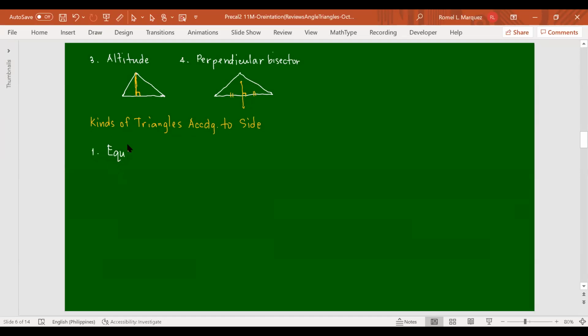What is an equilateral? A triangle po whose sides are all of equal length. Equilateral triangle is a triangle with all sides po of equal length.